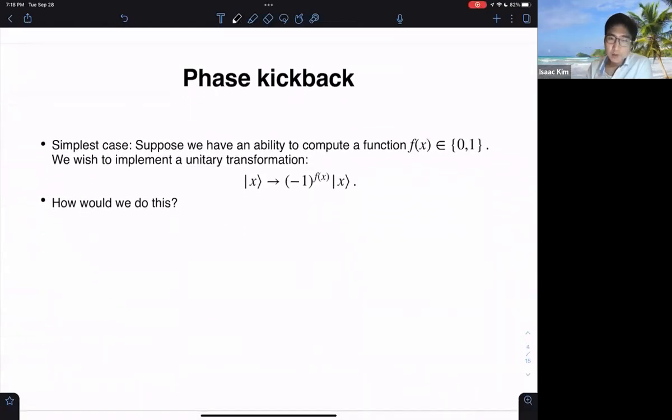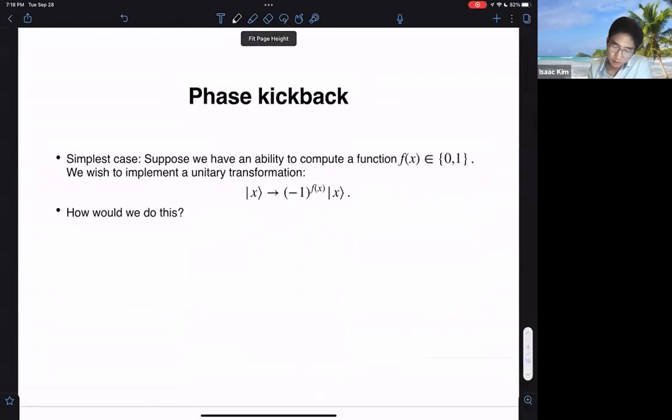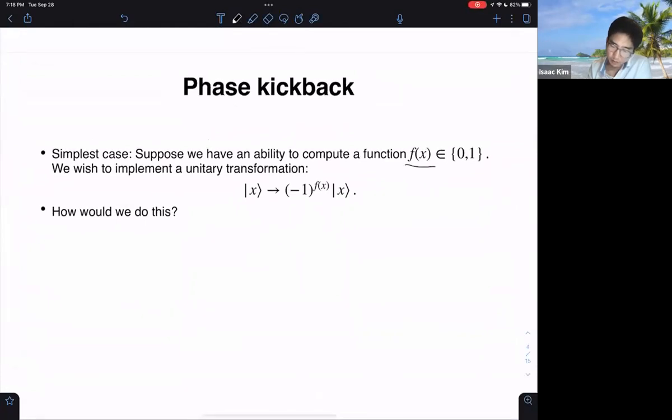So I'd like to start with a simple example of the phase kickback. And here's a little quiz that we can think about. Suppose we have an ability to compute a function f(x), let's say on a classical computer. Then by the discussion that we had in our first lecture, we can also compute this on a quantum computer.